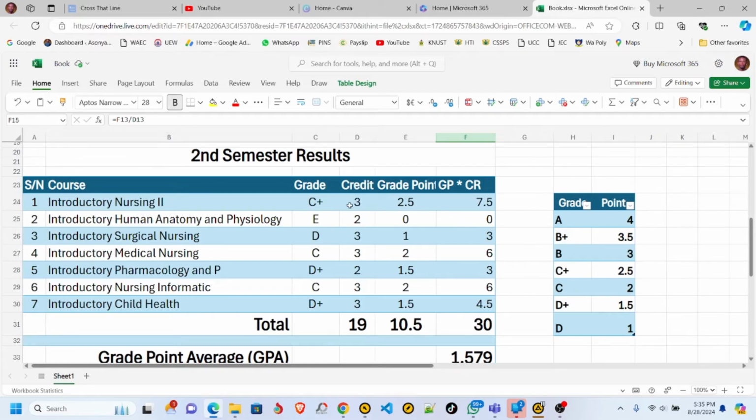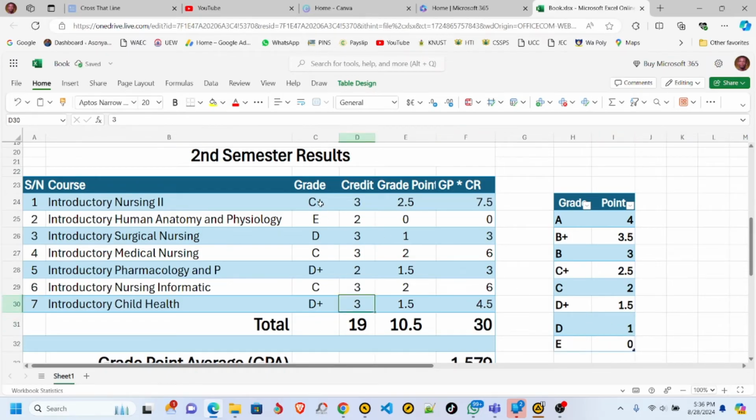So as we all know, let's move to the right hand side, which matches the grade with the points. In introductory nursing 2, the person has C plus, and the point for C plus is 2.5. So that's how come we have 2.5 here. E is 0. So you pick each grade and tally it with the points, and then you multiply it by the credit hour.